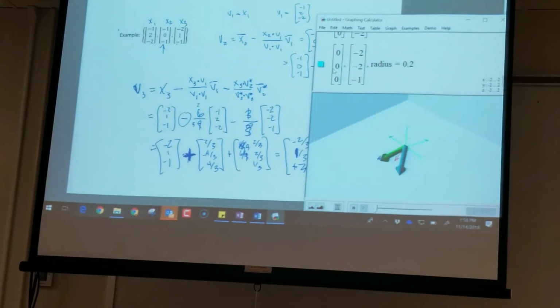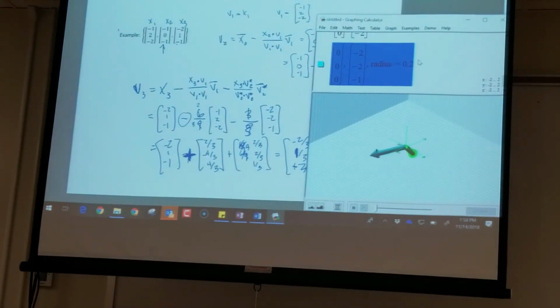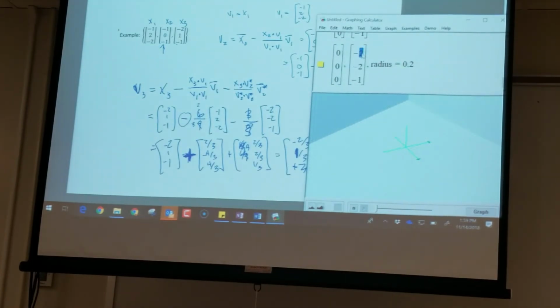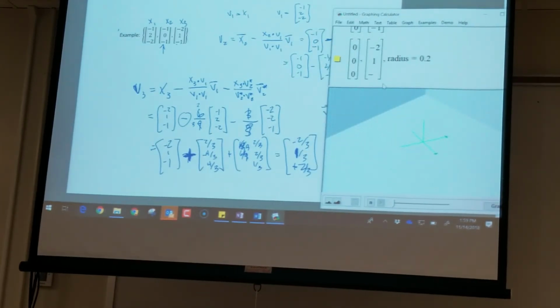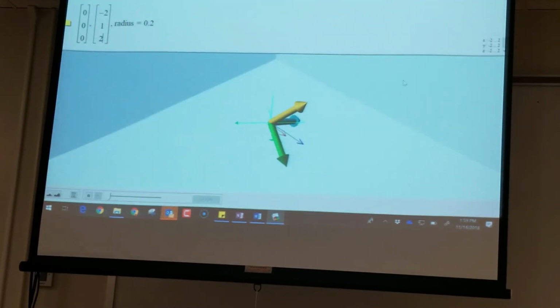And then our last one, we can even change the size again so that we can go -2, +1, +2. That's a 2, right? Let's see if we were right. Oh, different colors. Look how pretty that is. So that looks pretty perpendicular.